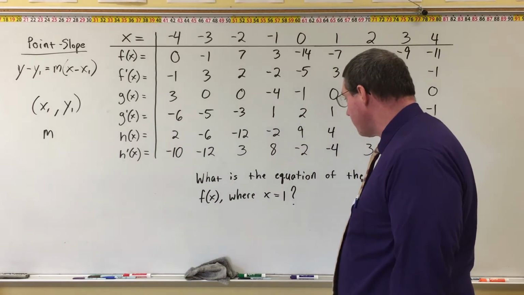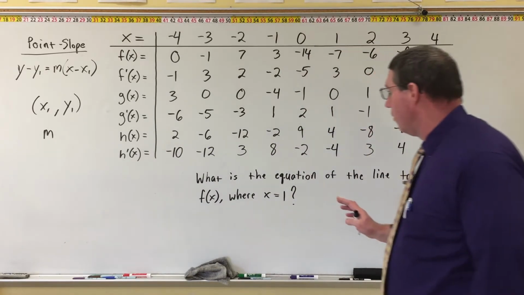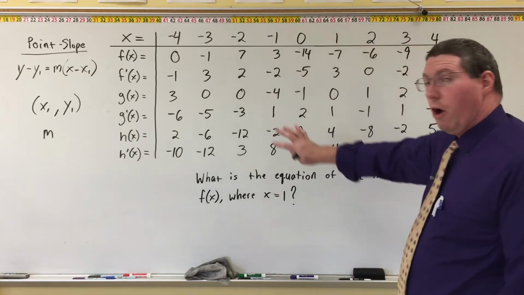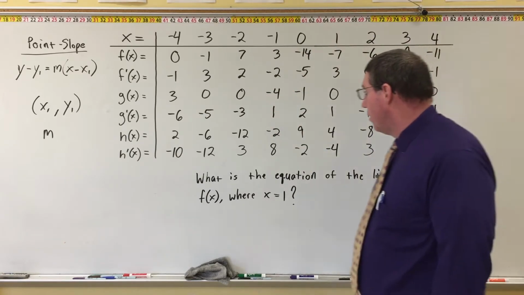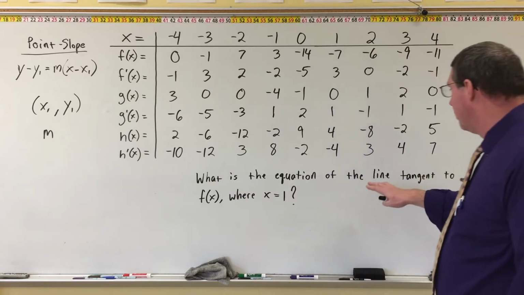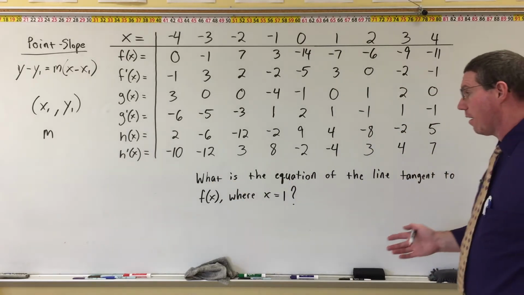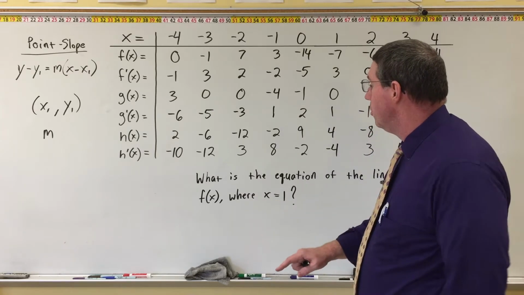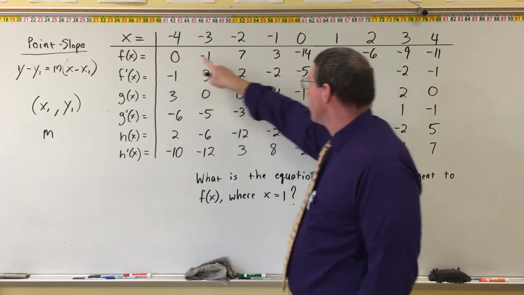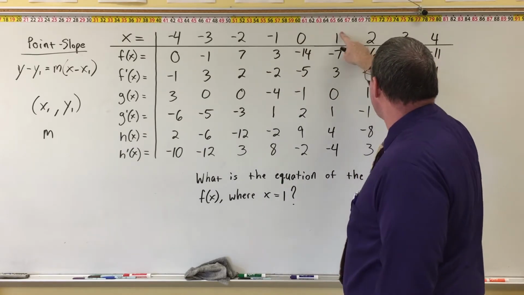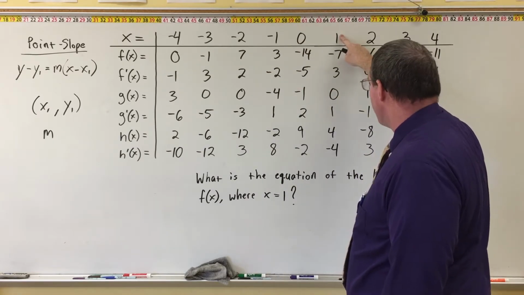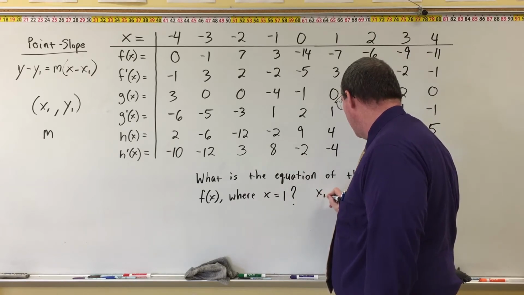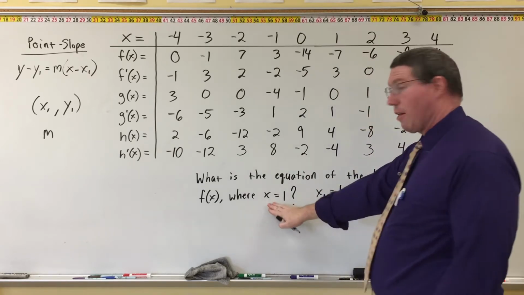And so this now becomes a very simple process when we're already given all of the information. If the question is what is the equation of the line tangent to f of x where x is equal to 1, all we have to do is go to f of x, the first row, where x is equal to 1. We already have an x value, so our x1 is equal to 1, because that's what's given to us.